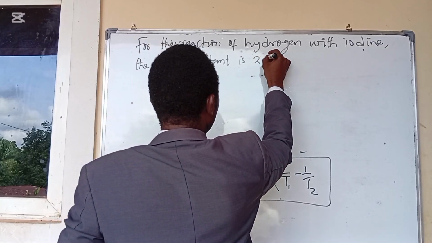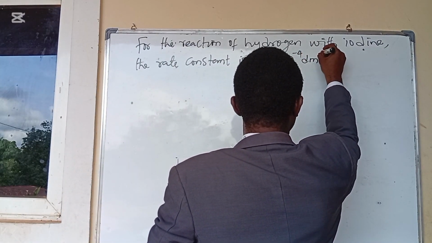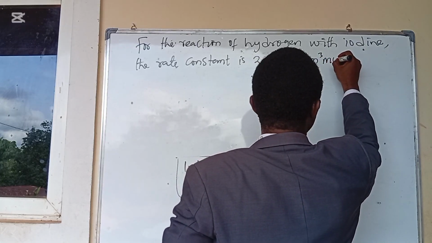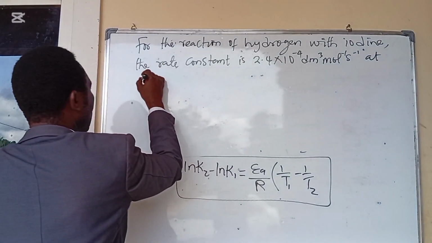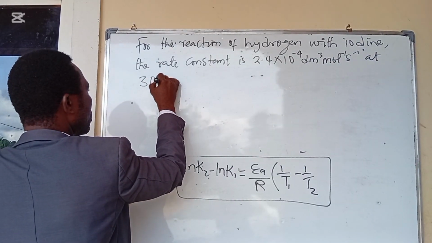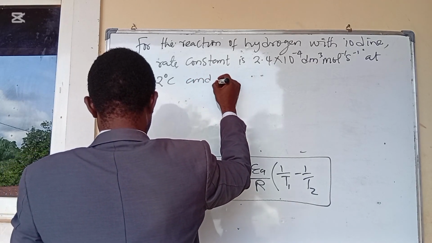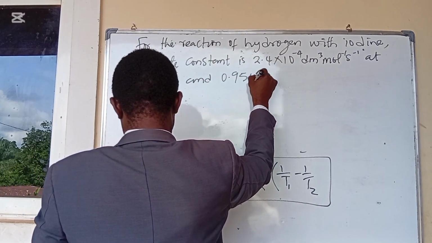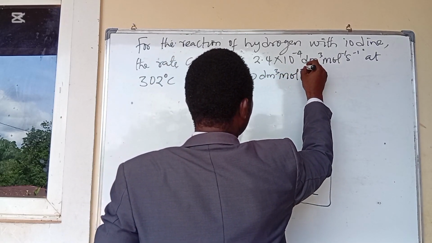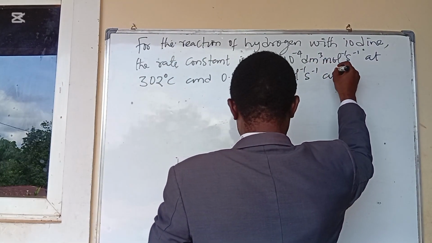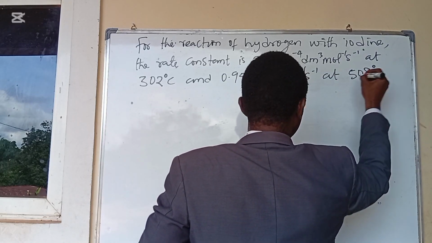is 2.4 times 10 raised to the power minus 4 dm cubed per mole per second at 302 degrees Celsius and 0.950 dm cubed per mole per second at 508 degrees Celsius.